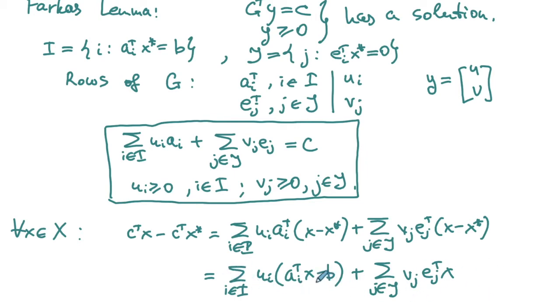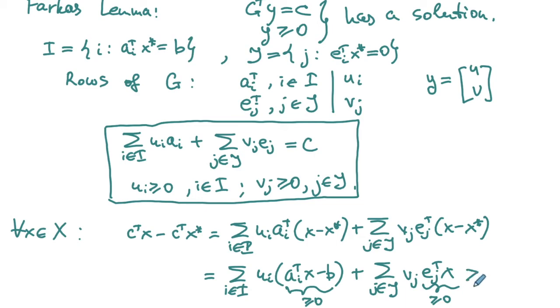But now, because x belongs to capital X, this means that a_i transposed x is greater than or equal to b, meaning that this is greater than or equal to 0, and everything else is greater than or equal to 0 here as well, because due to feasibility of x, again, this is greater than or equal to 0, and from our condition u_i's and v_j's are non-negative as well.